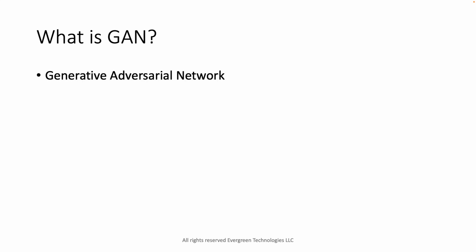So GAN stands for Generative Adversarial Network, which basically means it contains two neural networks which work against each other in a minimax game. It's a zero sum game where the gain of one network is a loss for the other network, and those two networks compete with each other in an adversarial manner, but eventually they benefit each other.